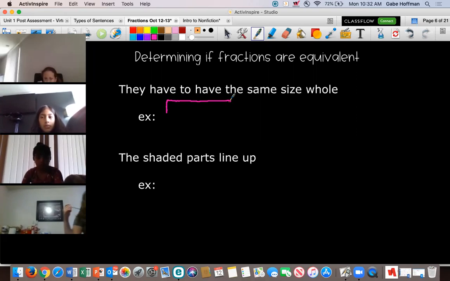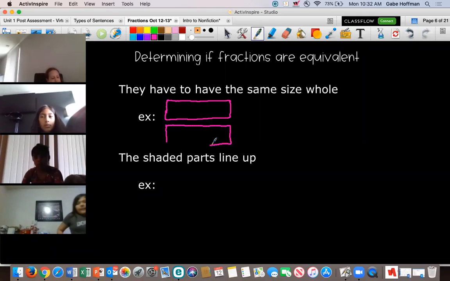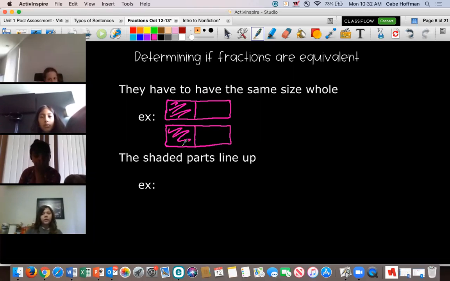So if we are comparing 2 fractions, they have to have the same size whole. Okay? So if I was comparing 1/2 and 1/2, we know that's the same. The wholes have to be the same size.